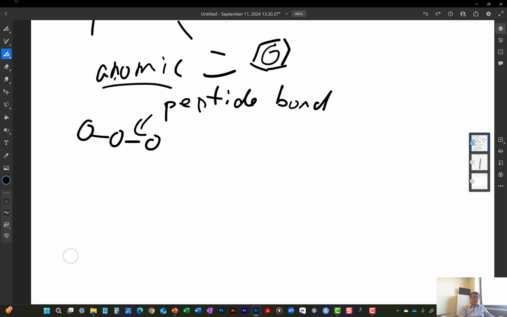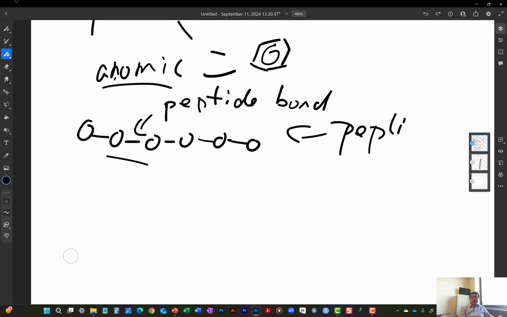This is a covalent bond. When multiple amino acids join together by peptide bonds, we call this a peptide.